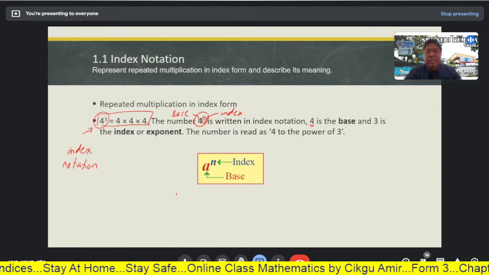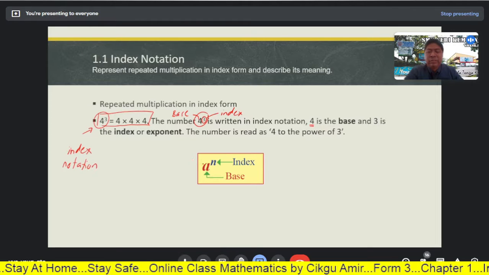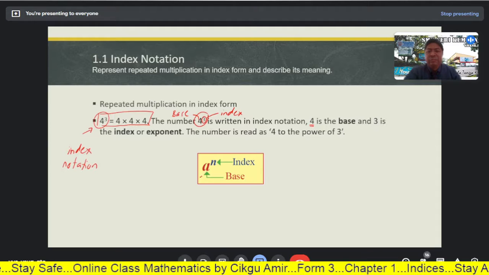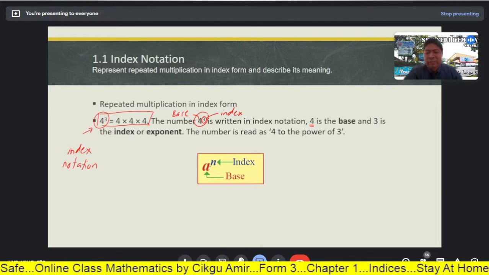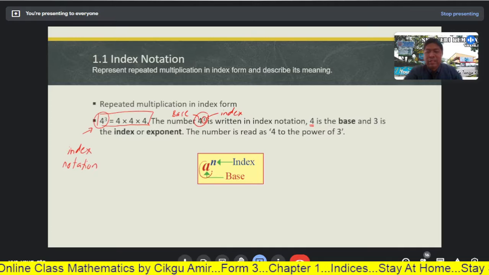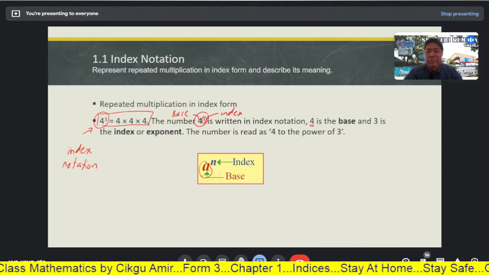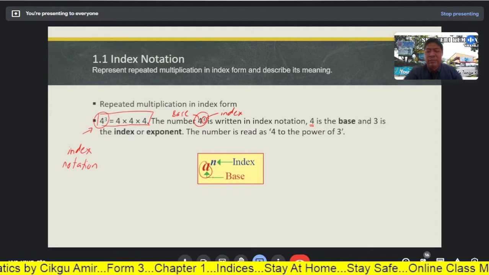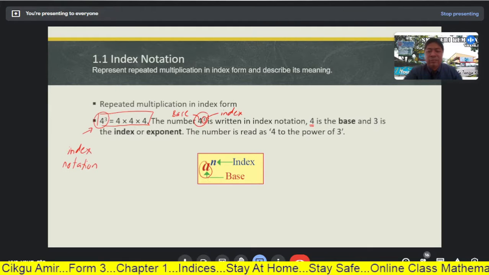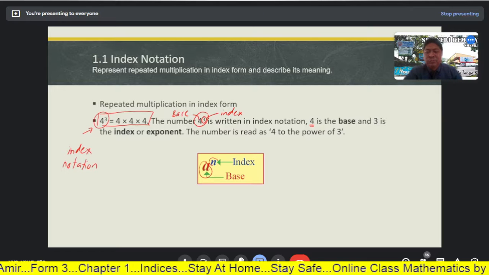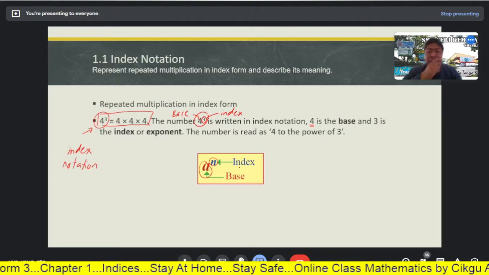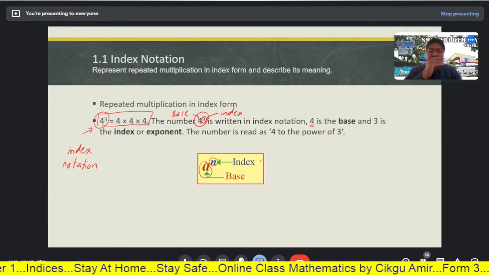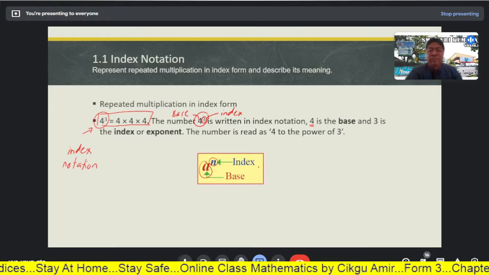So in index notation there will be two numbers. The bigger one we call the base, and the smaller one is called the index or exponent.